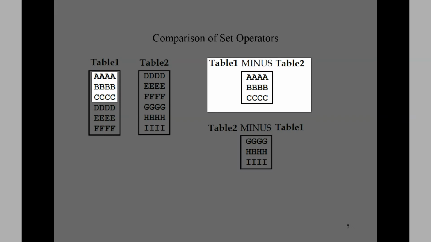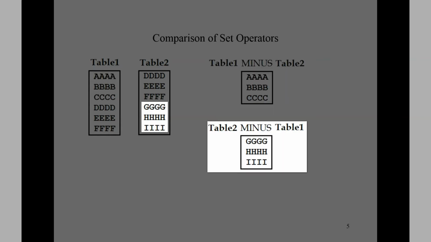Table 1 minus table 2 produces those rows that appear only in table 1 and are not present in table 2. Table 2 minus table 1 produces those rows present only in table 2, but not present in table 1.